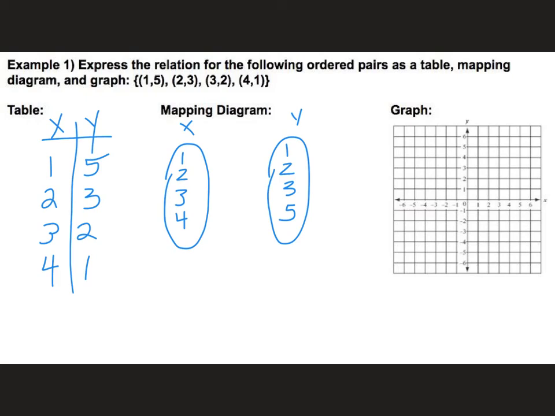So with my x, my 1 goes to my 5. 2 goes with 3, 3 goes with 2, and 4 goes with 1. And now for our graph, we're going to plot these 4 points. We have 1, 5, 2, 3, 3, 2, 4, 1. So here are all 4 of our representations: our points, our table, our mapping diagram, our graph.